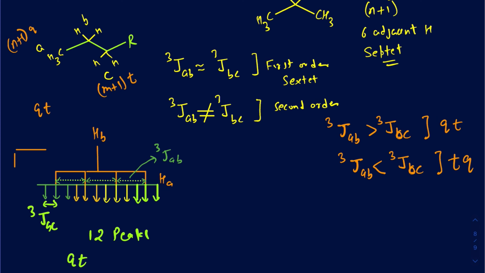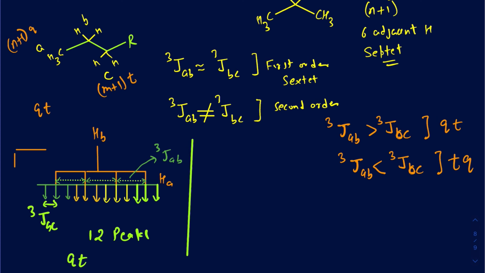But then what about a second scenario, where the coupling constant for BC is actually bigger than the coupling constant for AB? Then you would see a triplet of quartets.